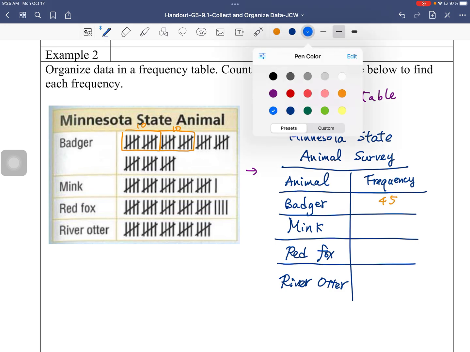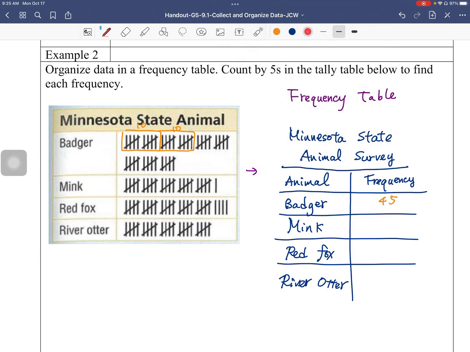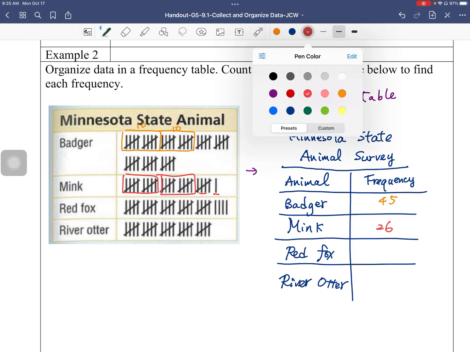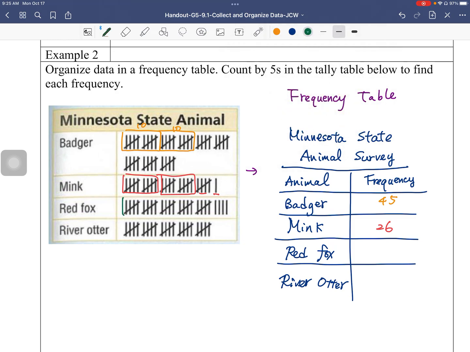Okay, how about mink? Mink, this is 10. This is 10, 25, 6, 26. Then I have red fox, 10, 10, 25, 6, 7, 8, 9, 29.